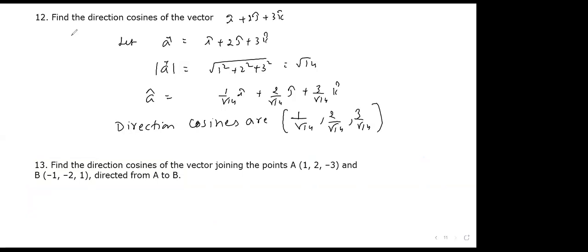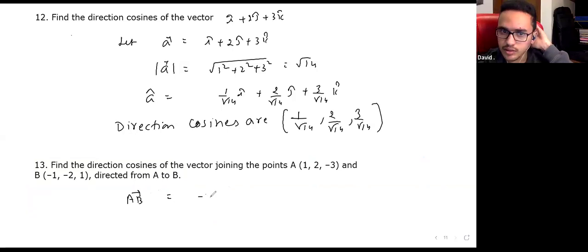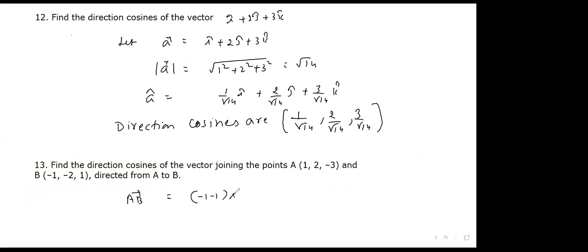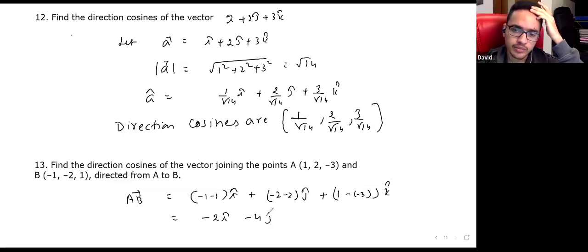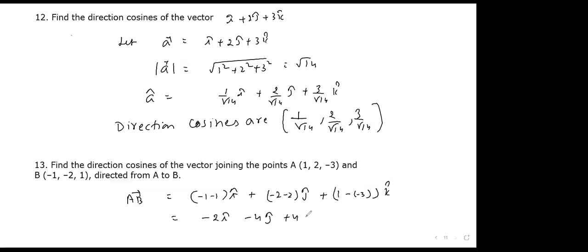Find the direction cosine of the vector joining the points A, B. So first you find the AB vector. That will be -1 i cap plus -2 j cap plus 1 -3 k cap. So this will be -2 i cap, -4 j cap and plus 4 k cap.